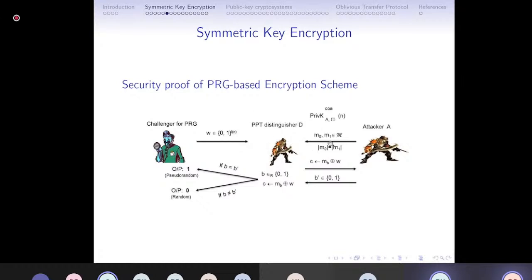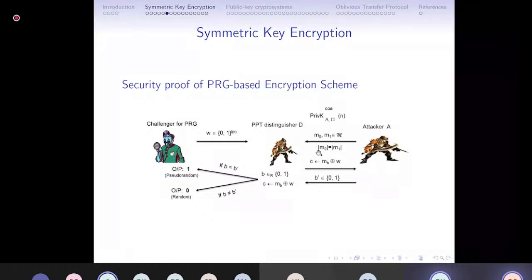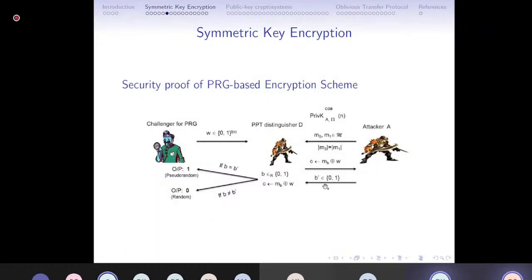The attacker sends two messages to the PPT distinguisher, and the distinguisher receives this W, encrypts the message, and sends the encrypted message to the attacker. After the analysis, the attacker sends the guess bit B, which means either M0 or M1. The distinguisher gets this bit B dash.